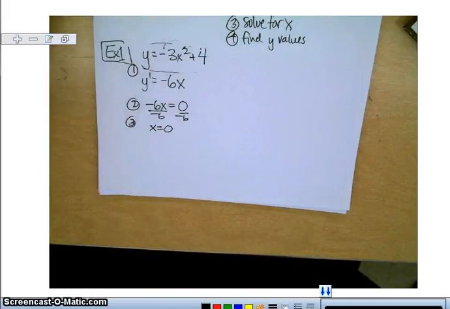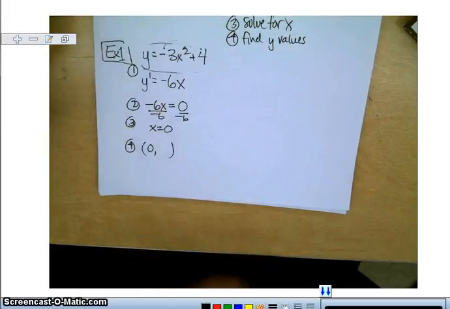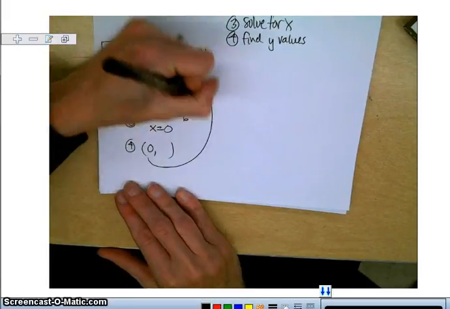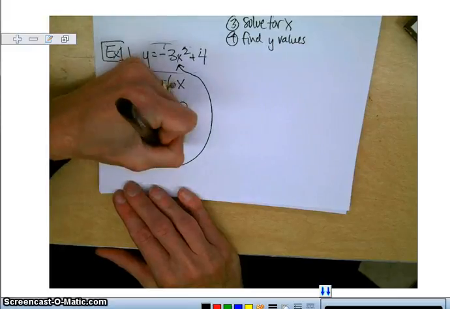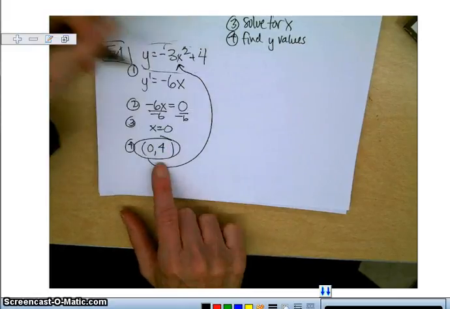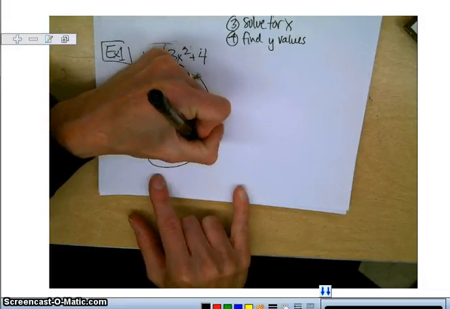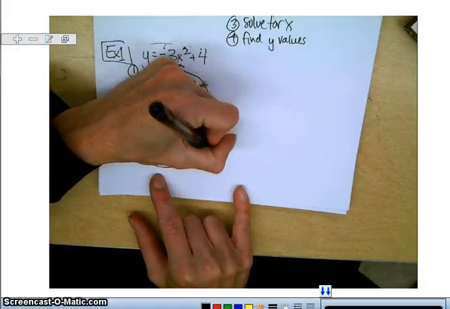What is the y value that would go with 0? Where would you put 0? Oh, in the x. So in the original equation, put 0 in the original equation, and you get 4. So they're saying 0, 4 is where there is a horizontal tangent. In other words, this is where the max or min is.